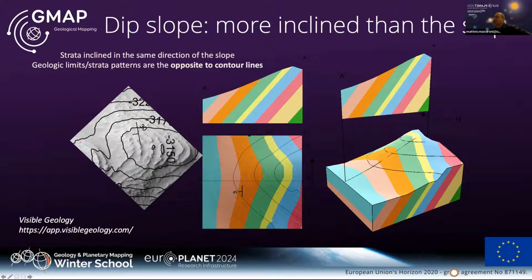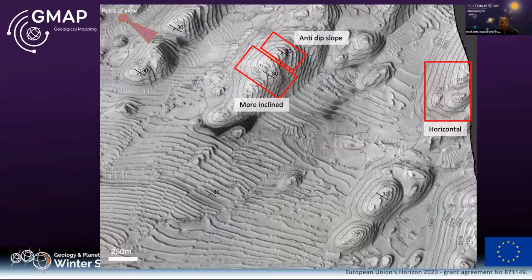So it will be more straightforward if the inclination is higher, and more gentle if the inclination is lower. Then we have the last case, in which the stratification is less inclined with respect to the topography and the slope, like in this case.